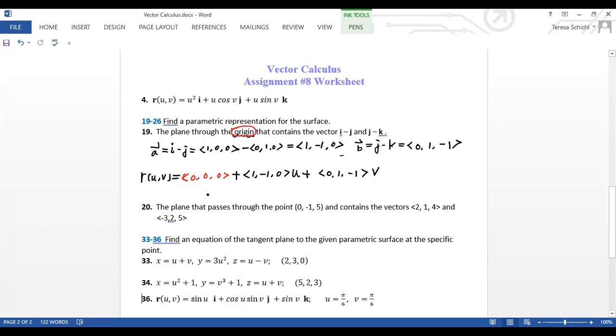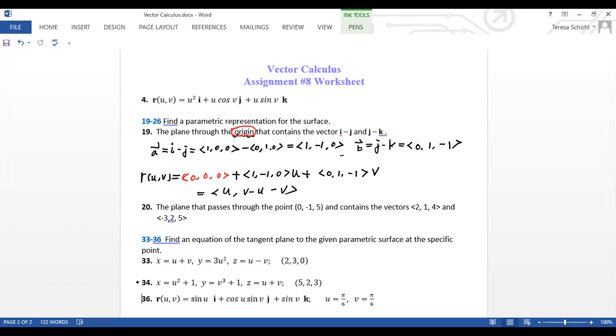If you combine, what is your final vector form going to be? It will be u, then v minus u, and then negative v, right? So this is how you find the parametric representation of the surface.